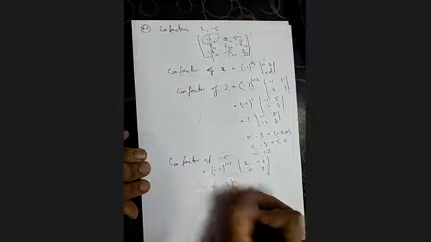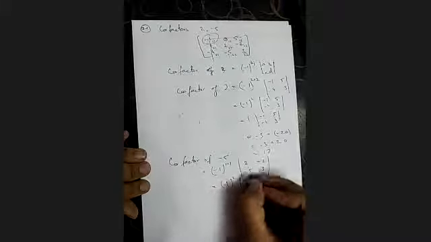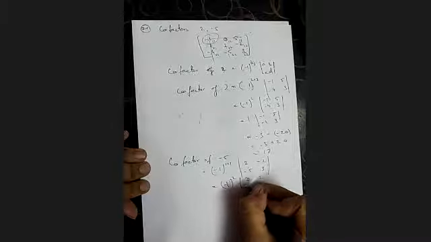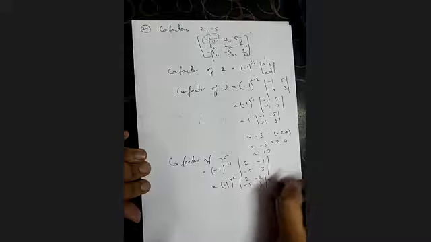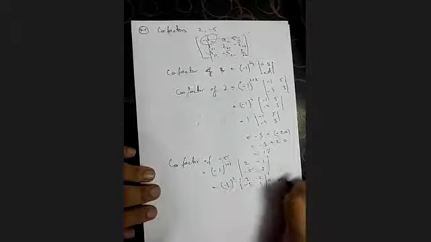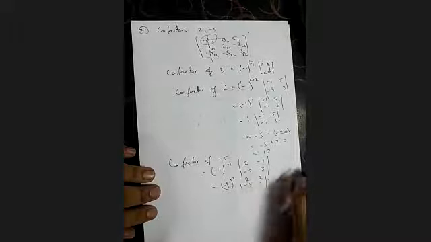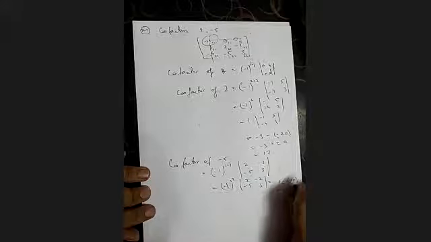That will be minus 1 whole power 2 into the minor. So minus 1 whole power 2 is 1. Now that of this will be 3 into 2 is 6, minus of minus 5 into 3. Minus of minus will be plus, 6 minus 10 will be minus 4.